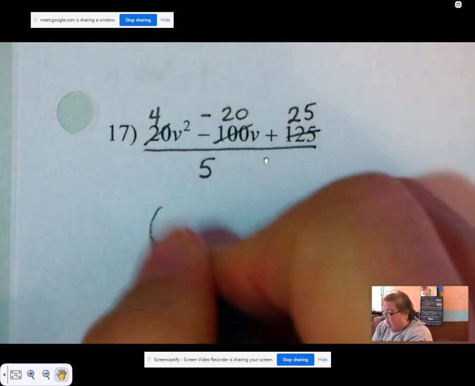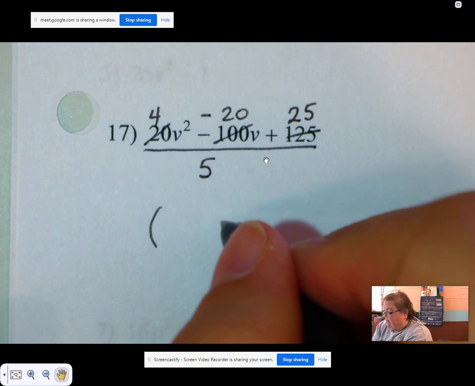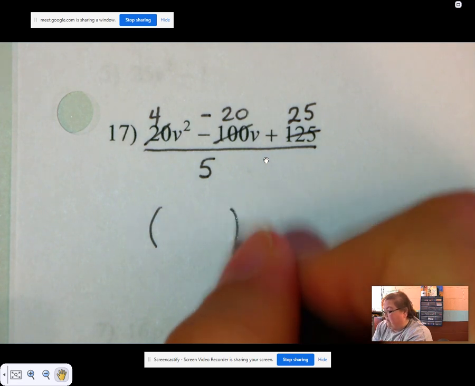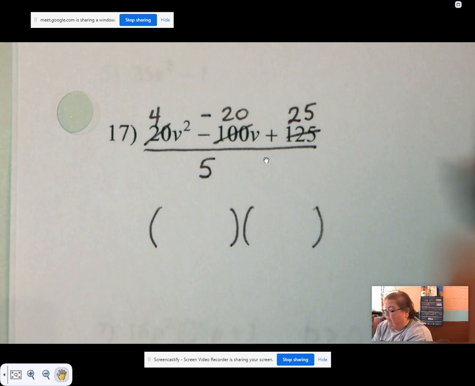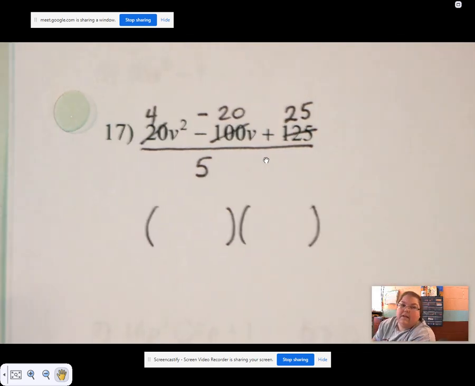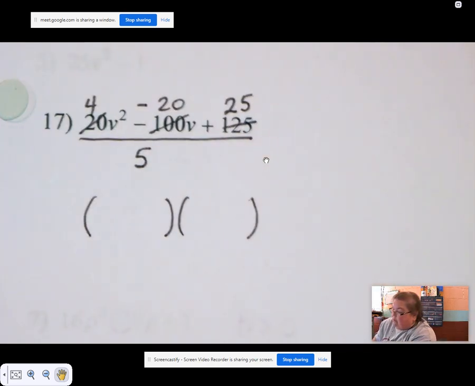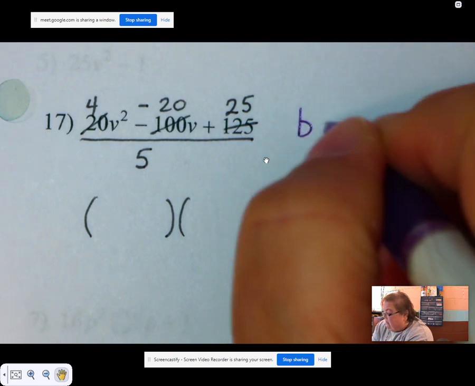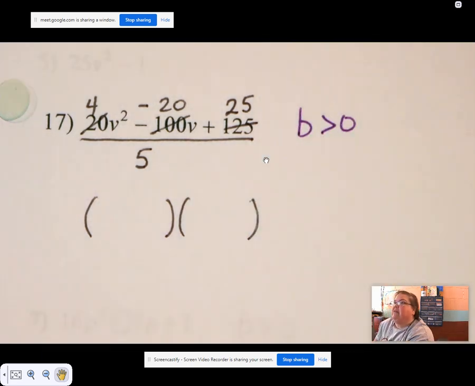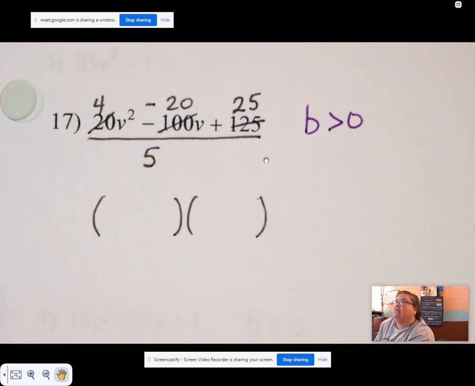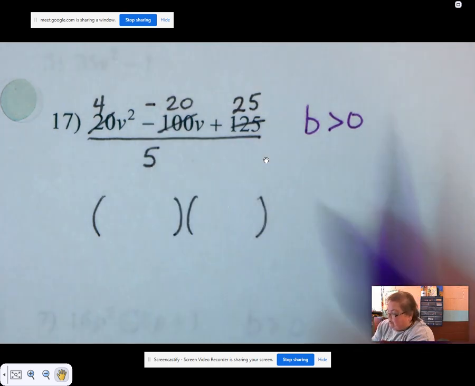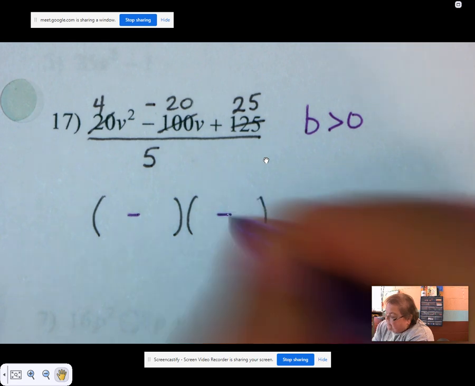Now, talk to me about the B. Does B equal 0 or is B greater than 0? So therefore my signs are same and the same as B, which is negative.